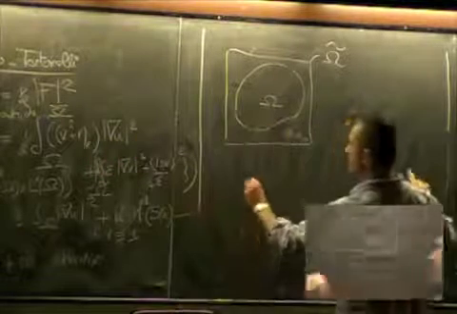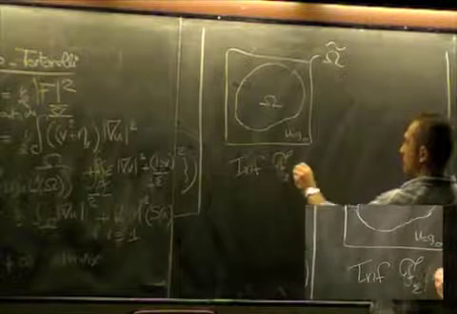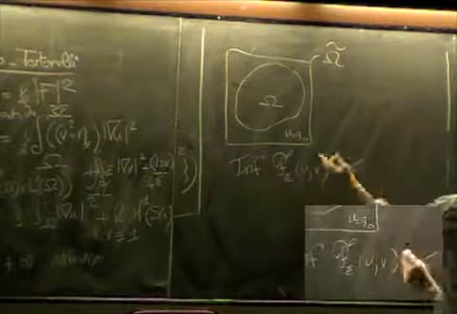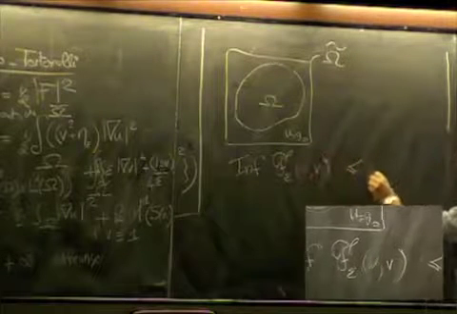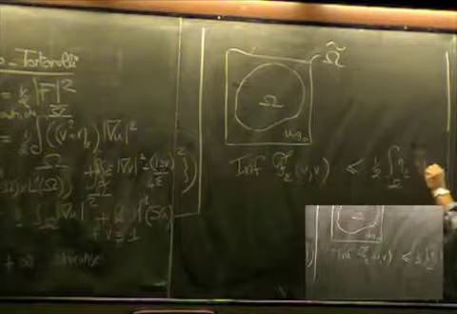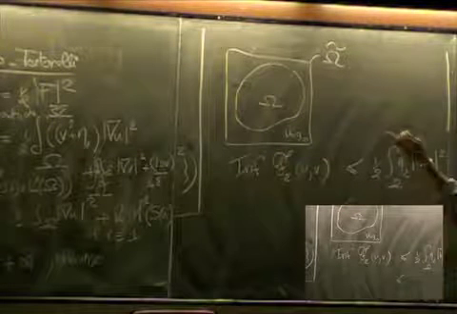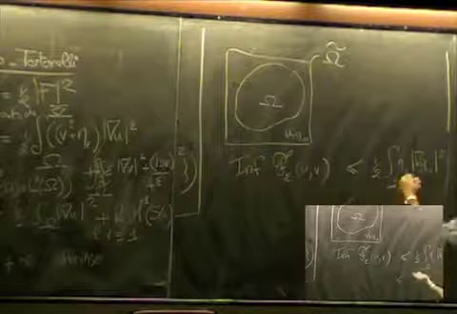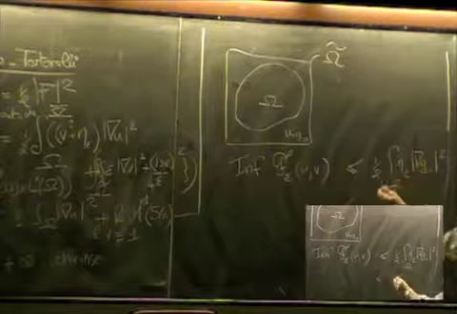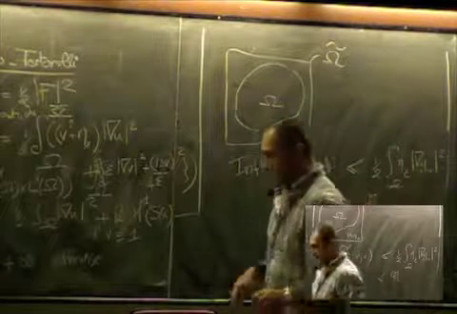So certainly the inf of F epsilon of U, V is less than 1/2 of the integral of eta epsilon of gradient G0 squared, which is certainly bounded, because eta epsilon is something which is going to give you a constant here. Okay.